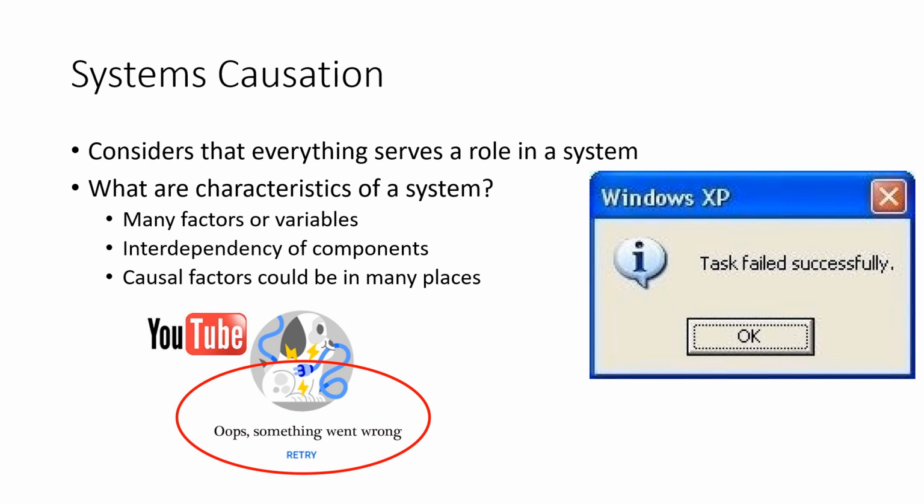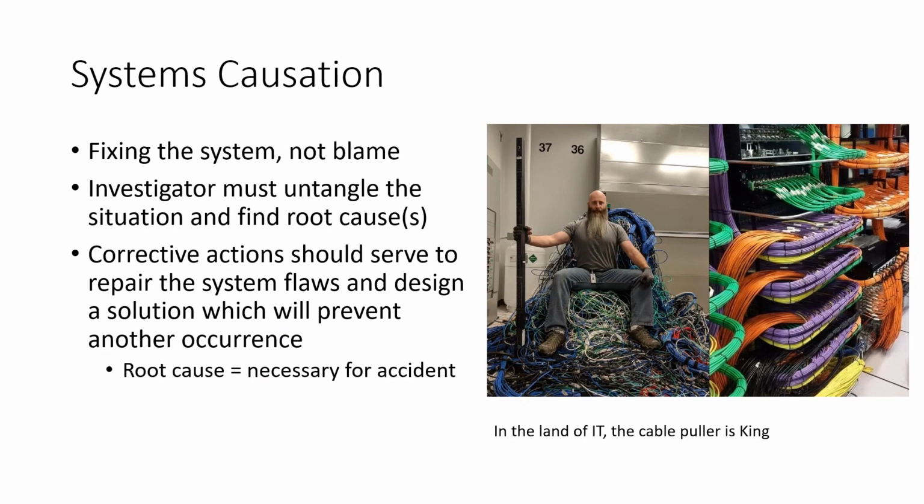You have a lot of factors and a lot of different variables, parameters changing constantly. Interdependency of components, that's a big one for us. And causal factors could be in many places or all of the places, possibly. In systems causation approaches, it's important that you fix the system rather than looking for blame.